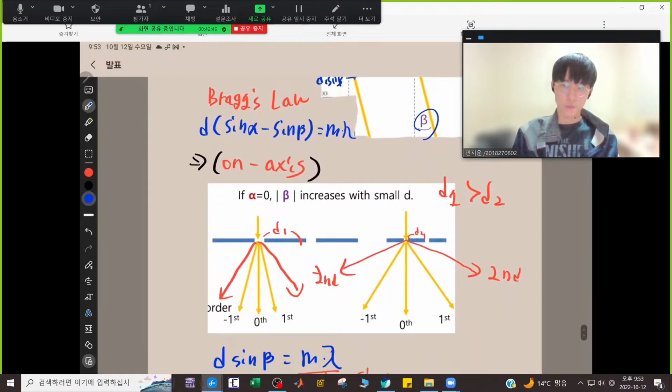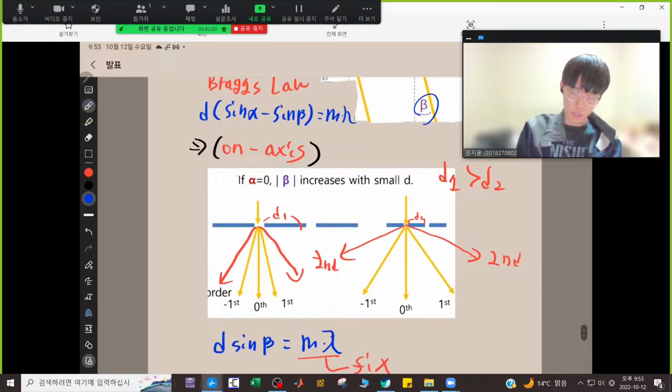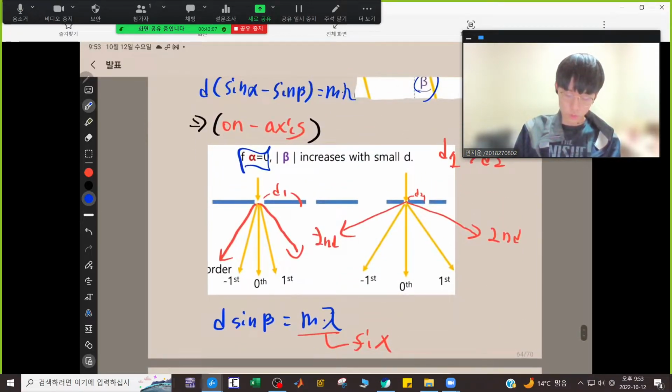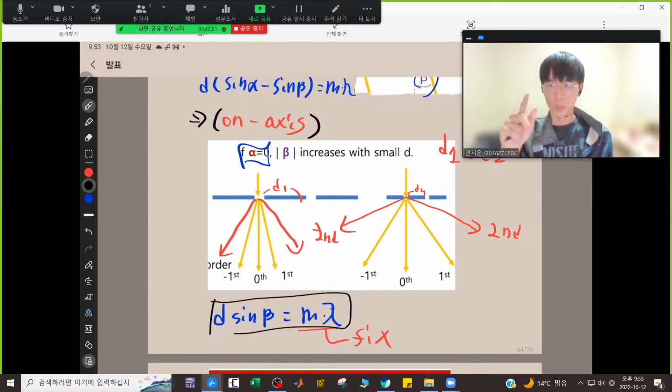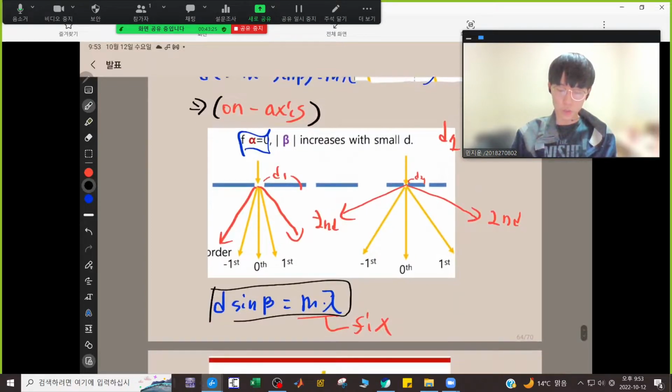If the light is on axis, that is, we expose the light vertically to the mask, the exposed light angle is zero, so only this equation exists. In this equation, the wavelength and the multiple are fixed. The distance between pattern and pattern is the d value.